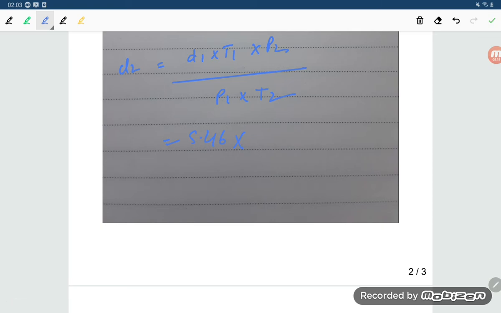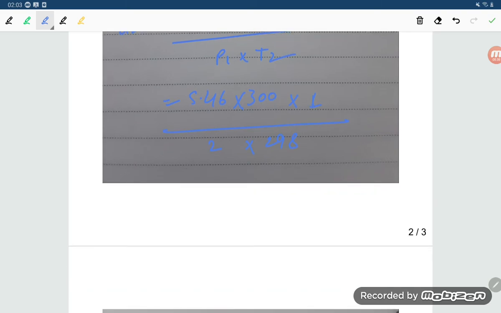T1 they have given as 27 degrees Celsius, meaning 300 Kelvin. P2 is the STP pressure, 1 bar, divided by P1, which is already given as 2 bar, multiplied by T2, the STP temperature, 25 degrees Celsius, meaning 298. Now solve, student.